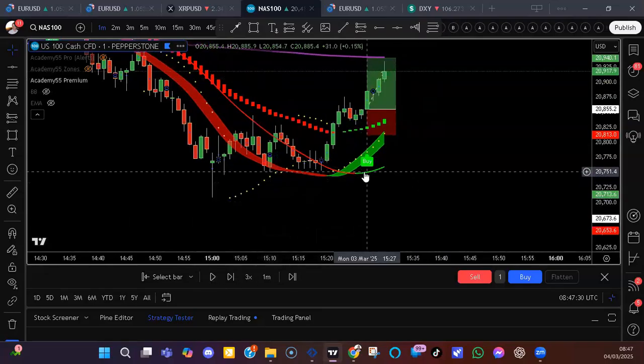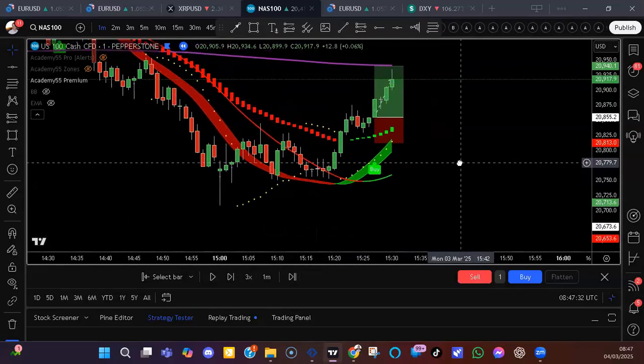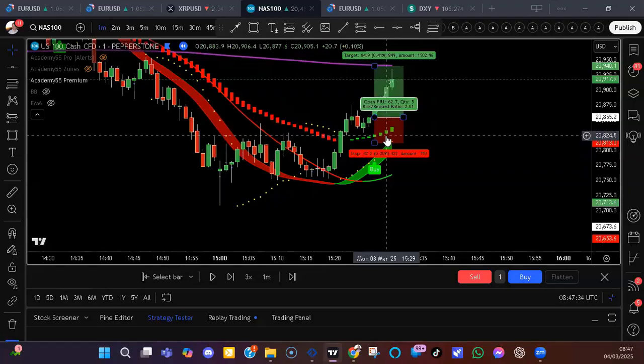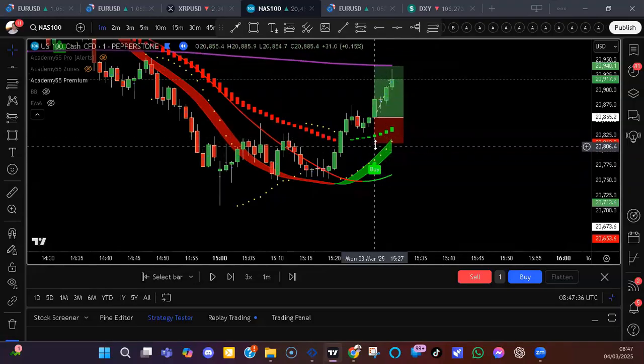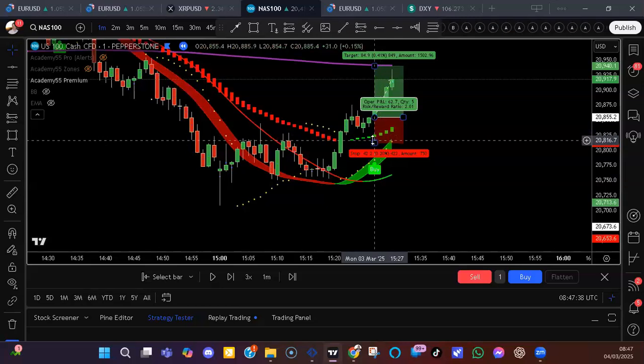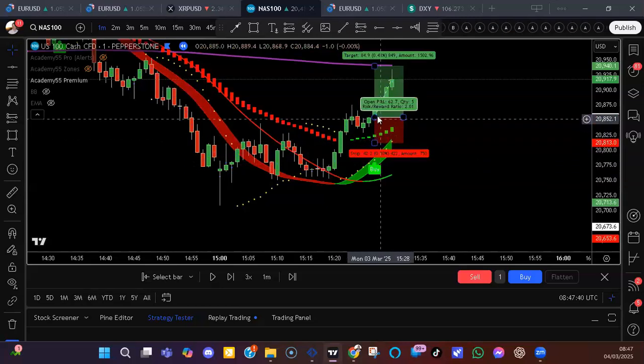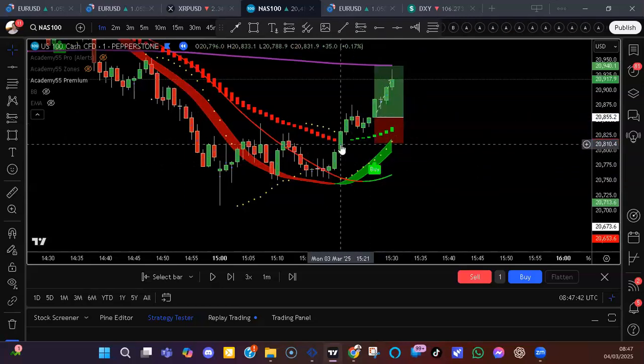Right, we got a buy alert there. And because we got the buy alert there, we couldn't get in till there. Stop loss goes down there.